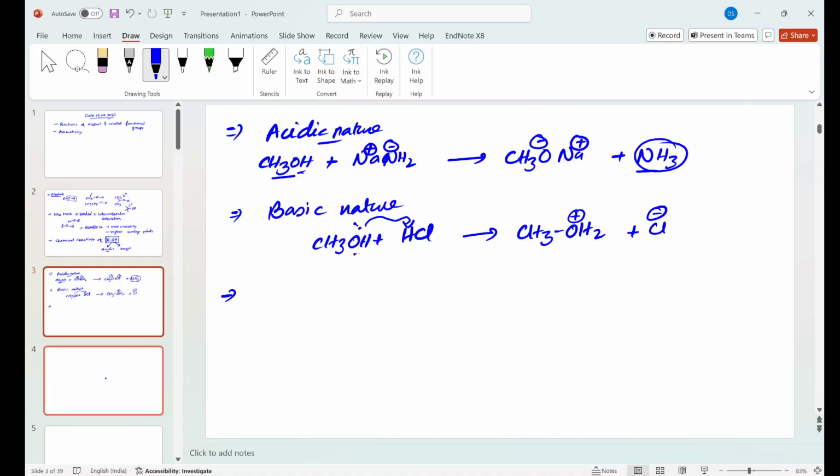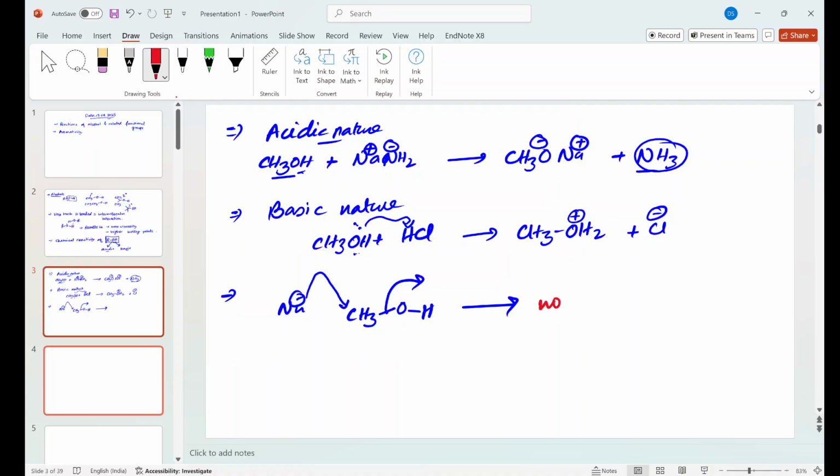Now, what about the reaction perspective? Suppose you have one nucleophile, and then you have your CH3OH. If you simply think of that, you attack the nucleophile on this carbon and this will leave. So this is not possible. Why is this not possible?